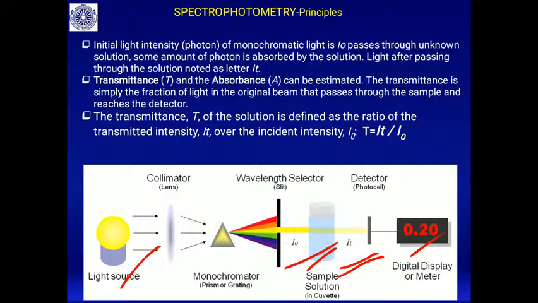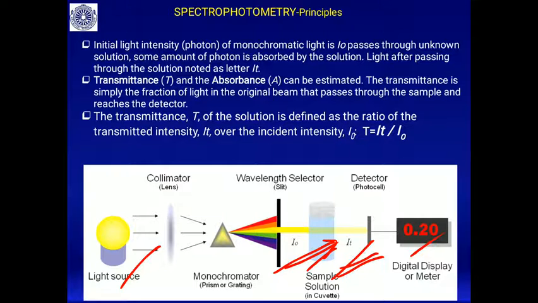The transmittance T of the solution is defined as the ratio of the transmitted intensity IT over the incident light I0. So the transmittance is equal to IT divided by I0.